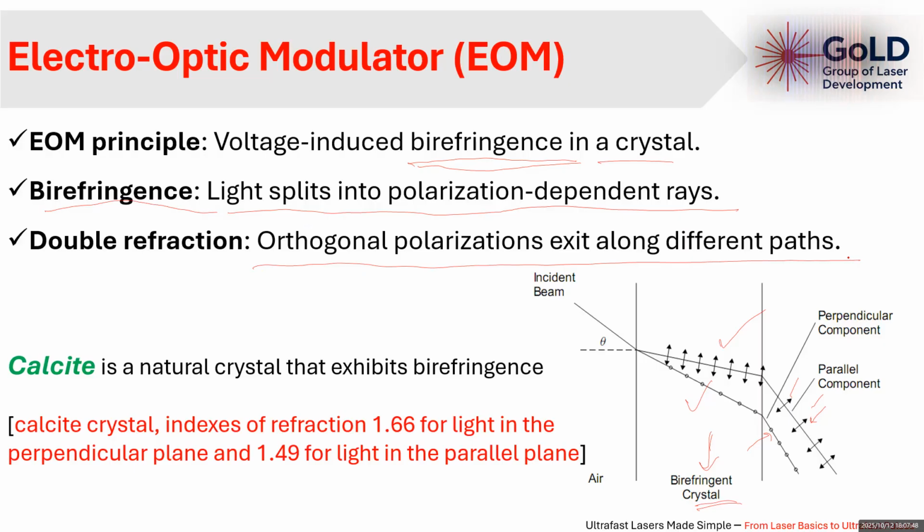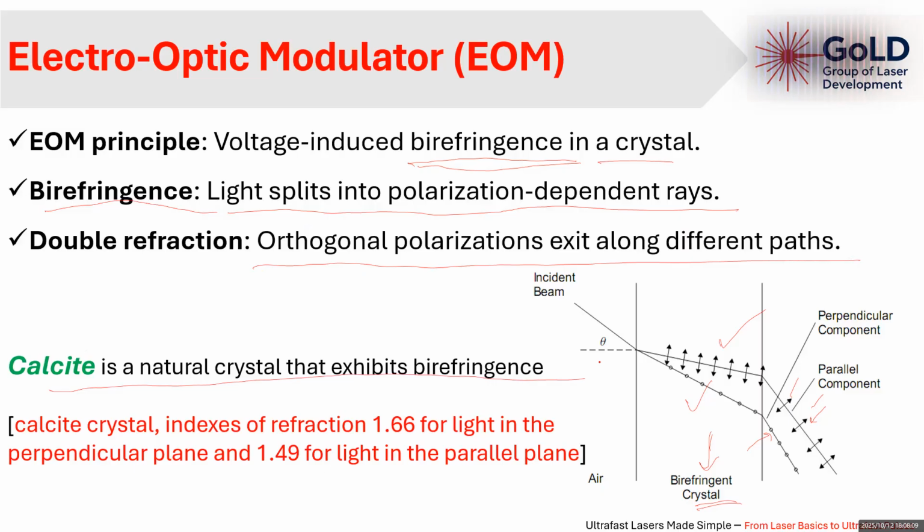One example is given here: calcite. Calcite is a natural crystal that exhibits birefringence.